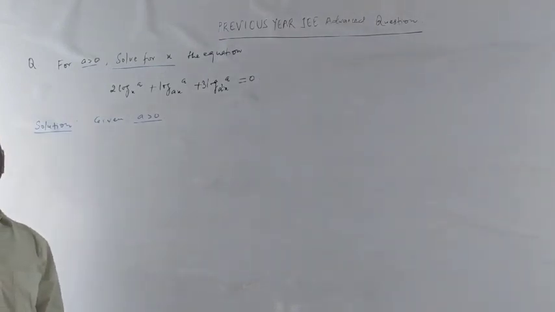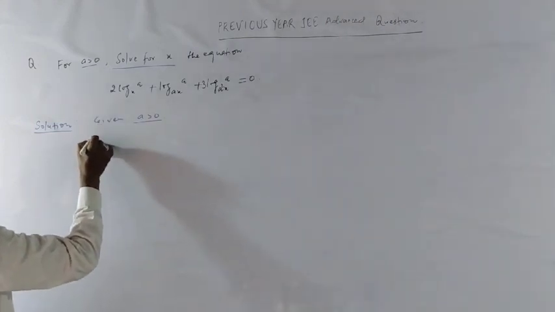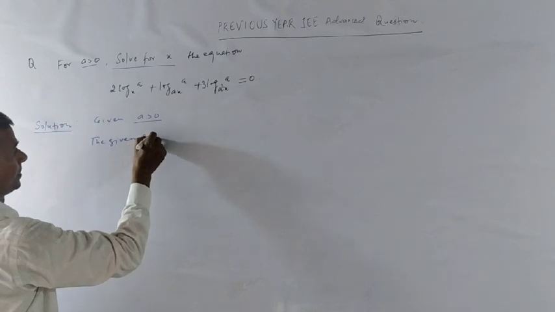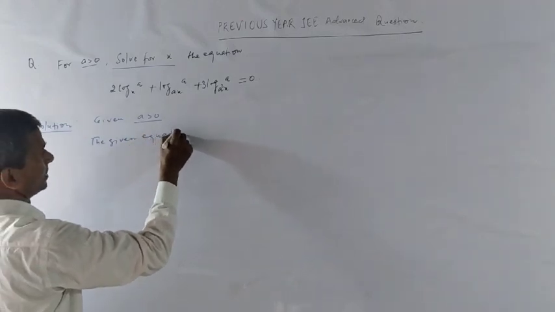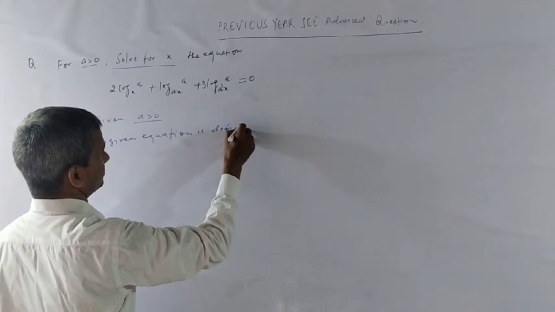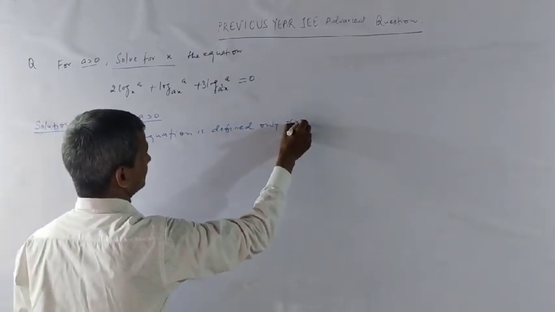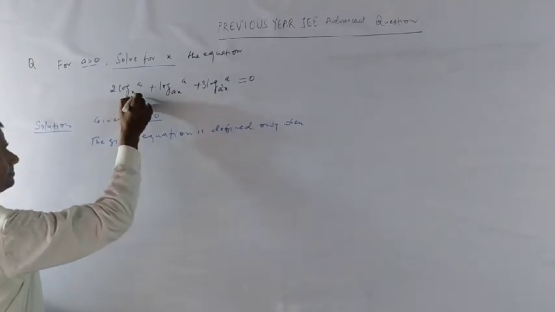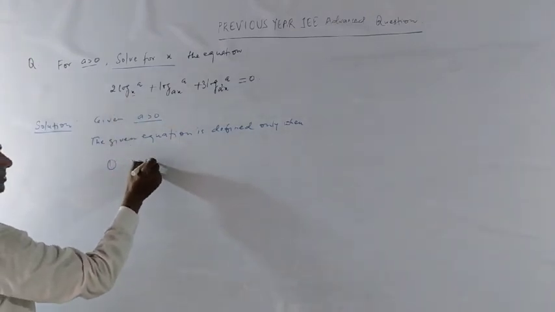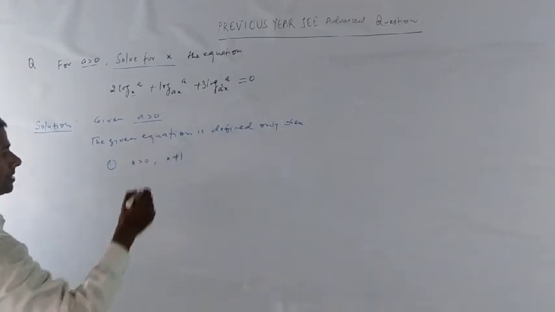First of all, we define the given equation. The given equation is defined only when this x is first greater than 0 and x is not equal to 1.